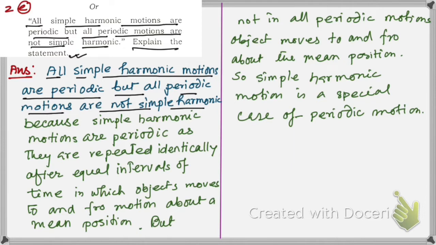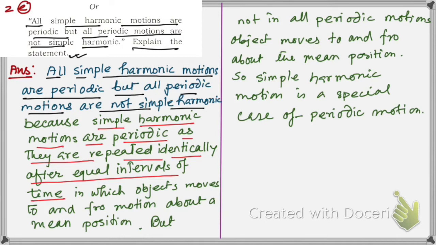Simple harmonic motions are periodic as they are repeated identically after equal intervals of time. In periodic motion, the motion is repeated after a regular interval of time, and this happens in simple harmonic motion also. That's why simple harmonic motions are called periodic motions.